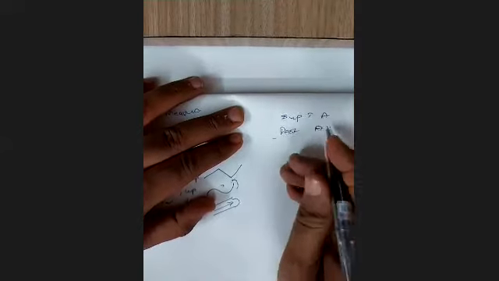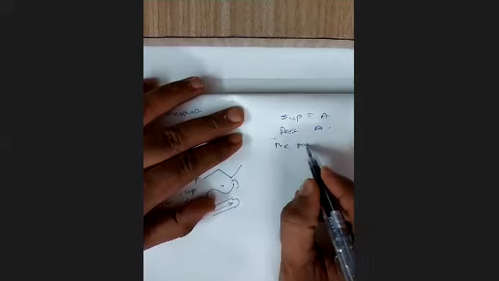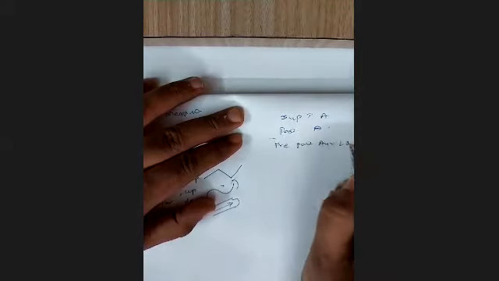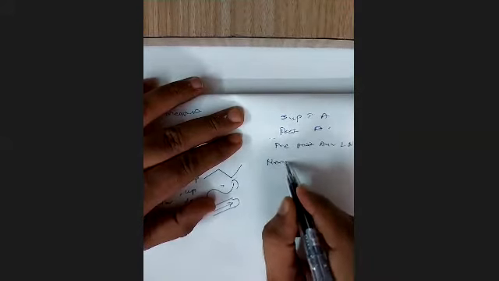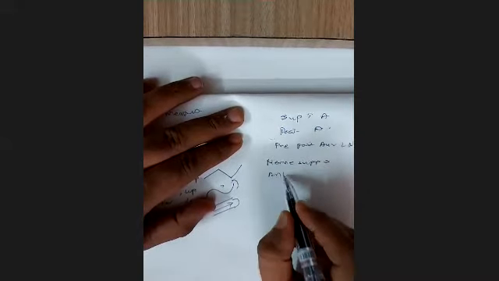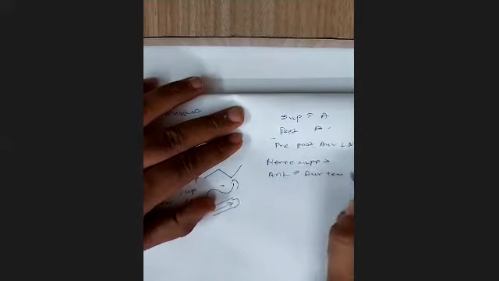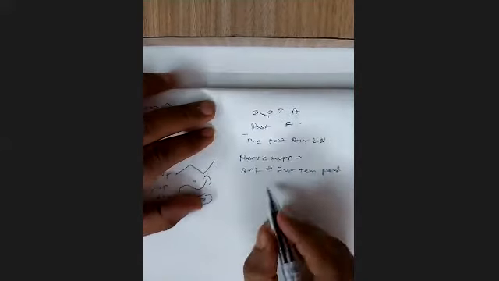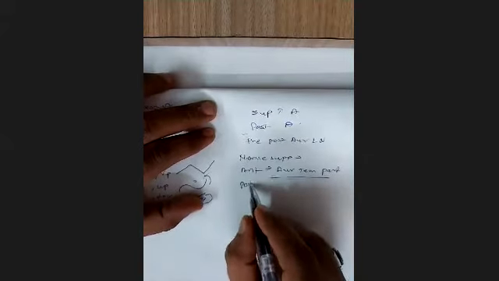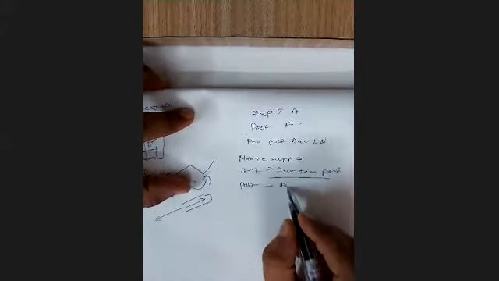The lymphatic drainage again remains same, pre and post auricular lymph nodes. But most important supply here is nerve supply. The anterior part is by auriculotemporal nerve, and posterior wall is by auricular branch of vagus.